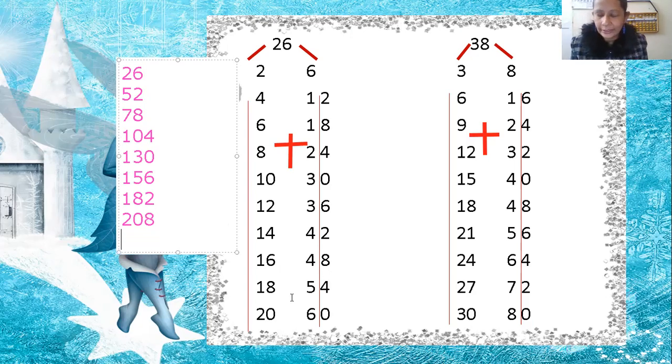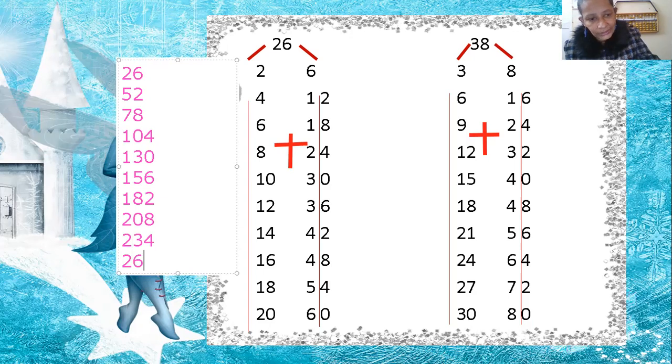Next you see, 18 plus 5 is 23, and ये साथ में 4 है, तो 4 I have written here as it is. Now next you see, 20 plus 6 है, तो here 20 plus 6 is 26 I have written here, and इसके साथ में ये 0 है, तो 0 I have written as it is.